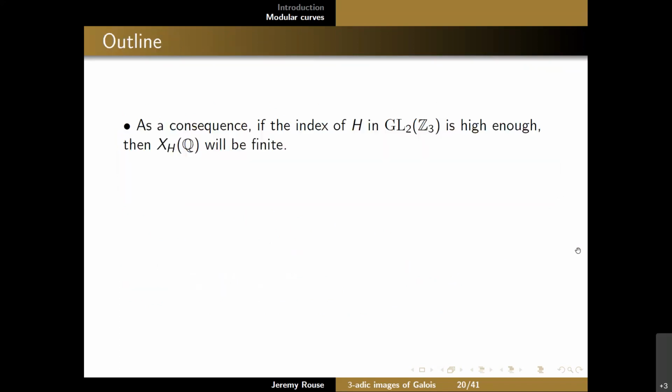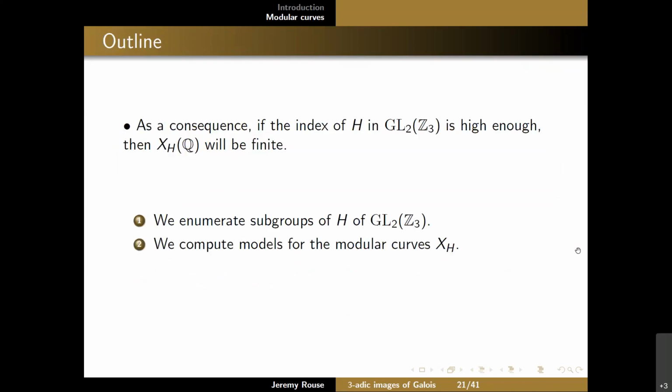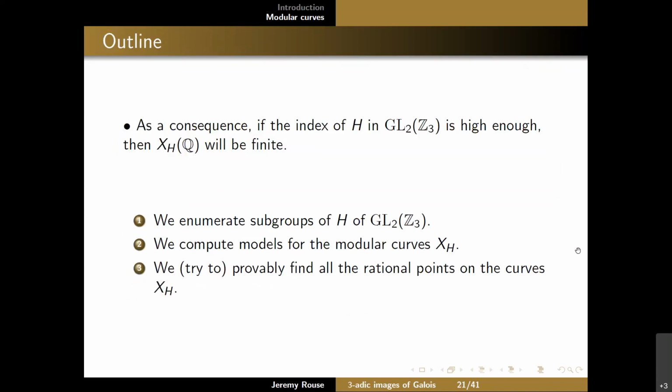So as a consequence, if the index of H is high enough, then X sub H of Q will be finite. So we start by enumerating subgroups H of GL2(Z/3). Once we've enumerated all the subgroups we need to, we compute models for all of these modular curves X sub H. And we try to provably find all the rational points on these curves X sub H. And so this is what I'm going to talk about for the remainder of my talk.